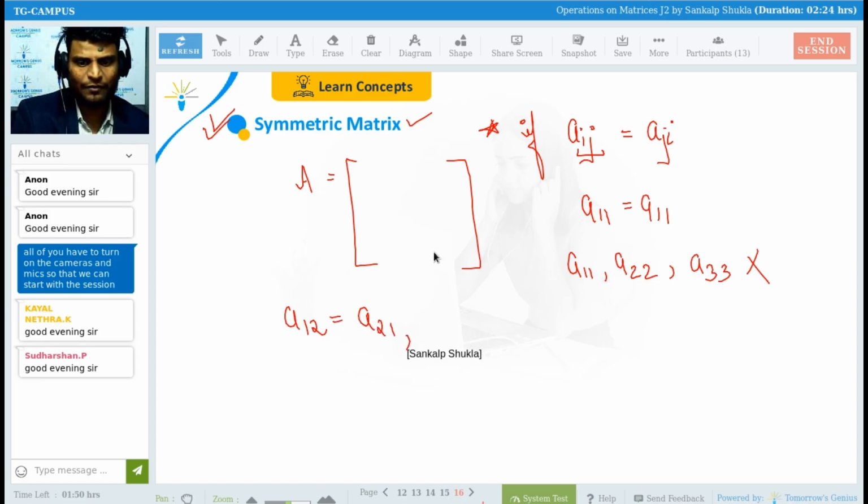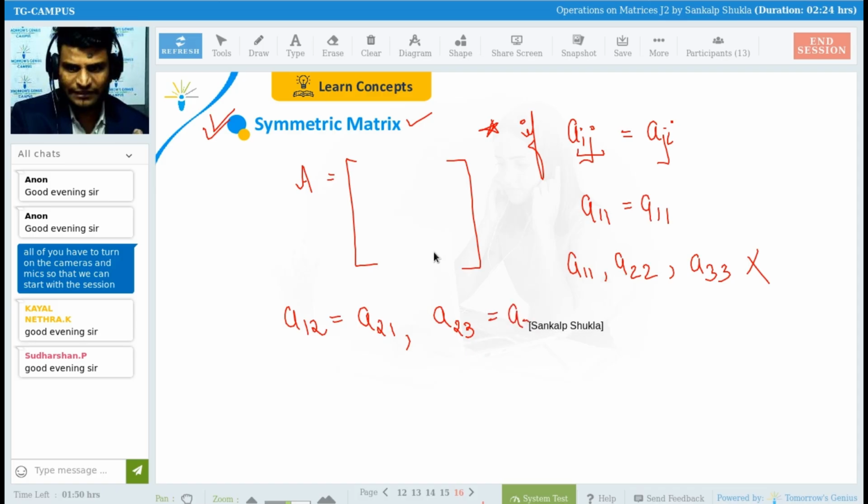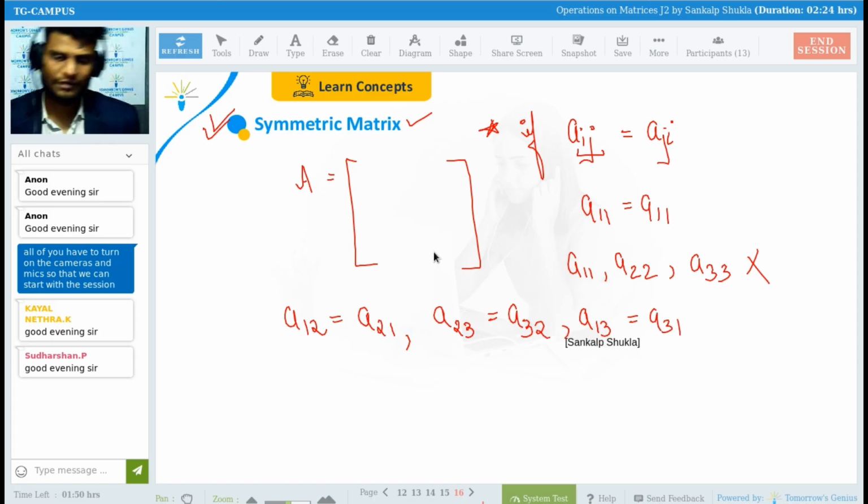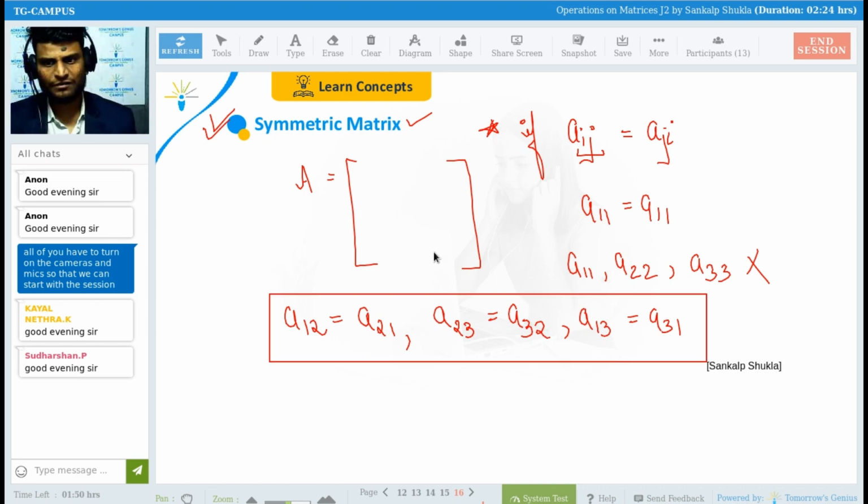Provided A23 is there, I'll check A32 also. And if A13 is there, I'll check A31. So if this condition is executed successfully, then the matrix is said to be a symmetric matrix.